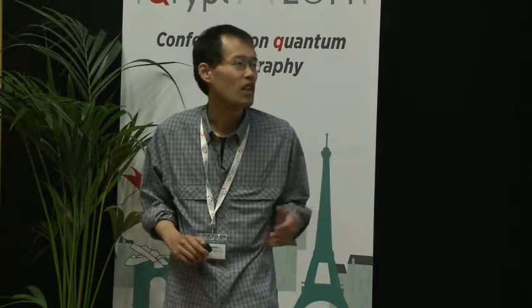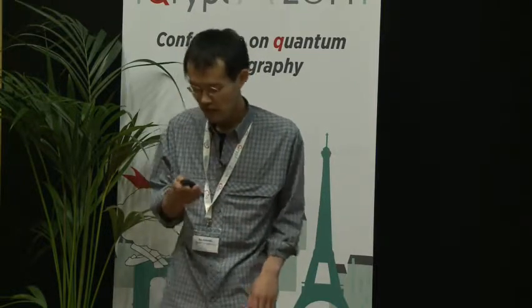And our decomposition is a property of channels, so it does not matter whether the input state is Gaussian or non-Gaussian. This decomposition works for Gaussian or non-Gaussian input states as well.